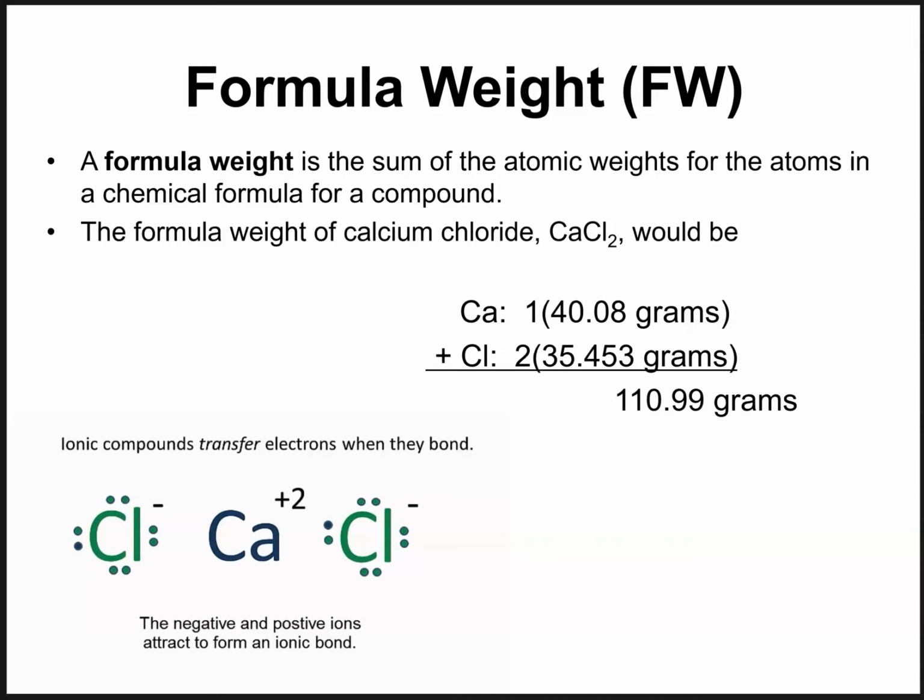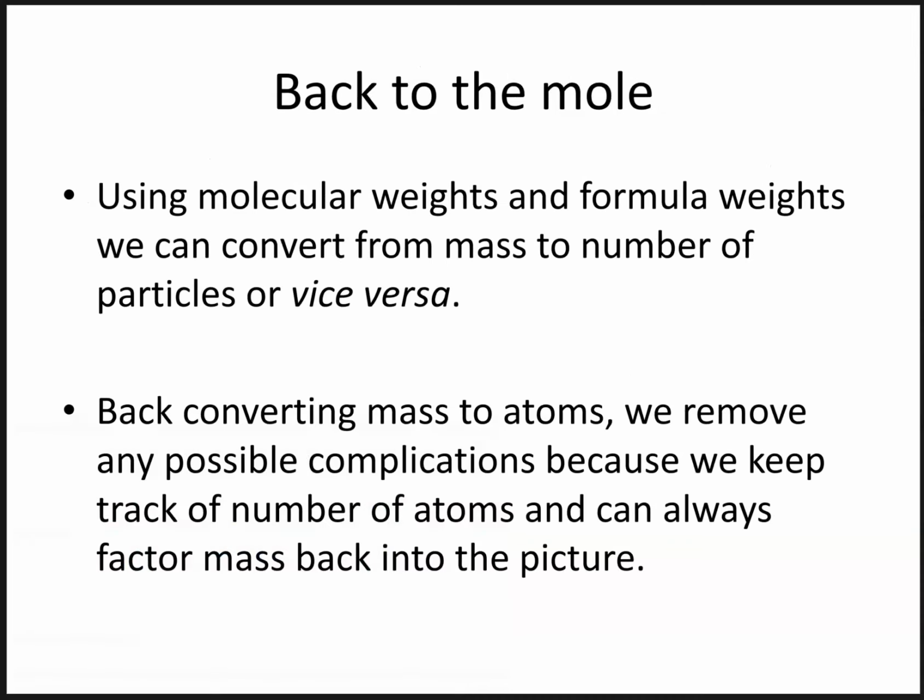So we can use molecular weight and formula weights to convert mass into number of particles, or just keep it on a more general term and talk about moles. We need to be able to go from mass to moles, moles to particles, or any combination of those three. Likewise, we usually use moles as a transitioning point when we're doing chemical reactions to convert one material into another one.